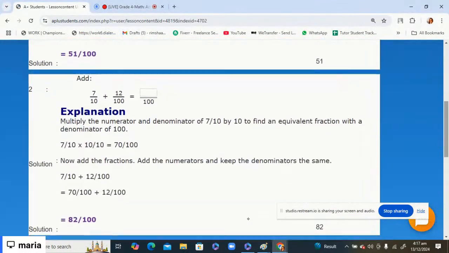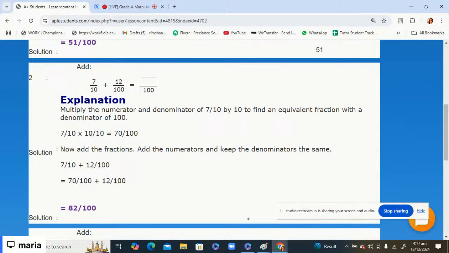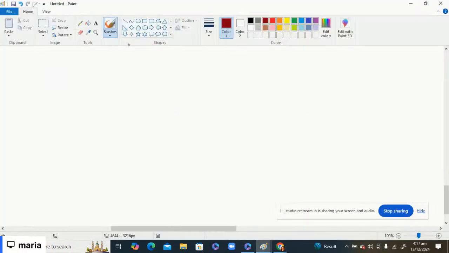Let's discuss the next: 7 by 10 plus 12 by 100. Now we make the denominators equal to 100.